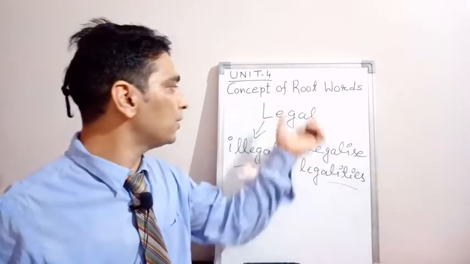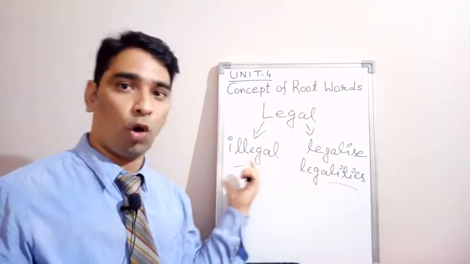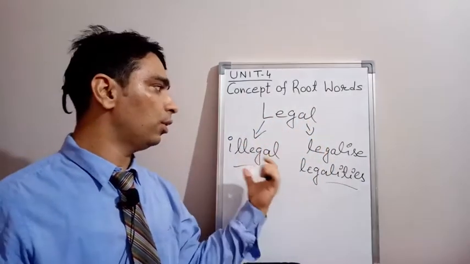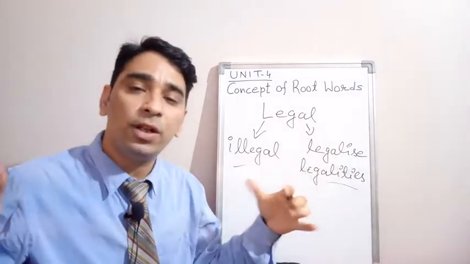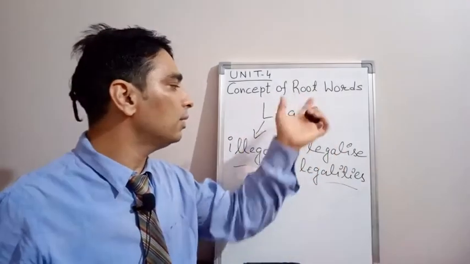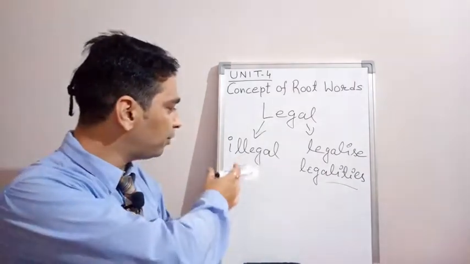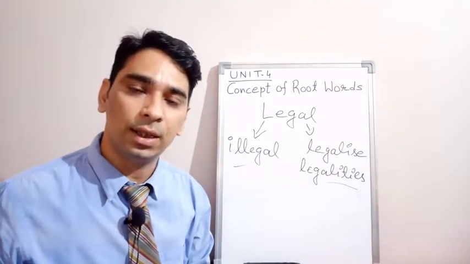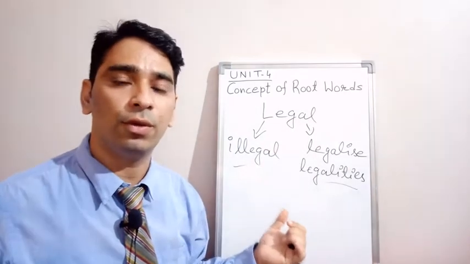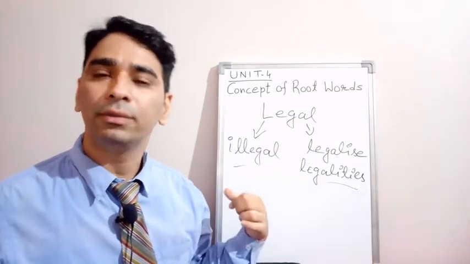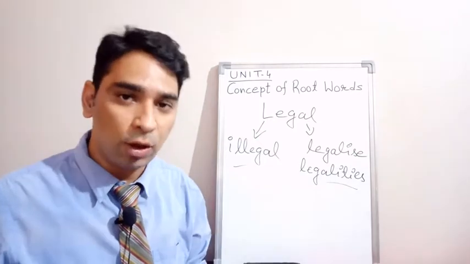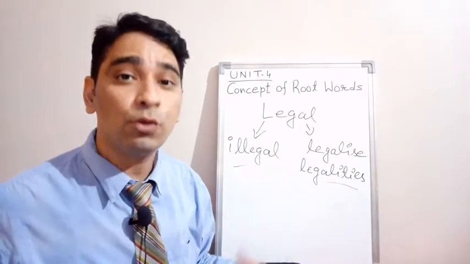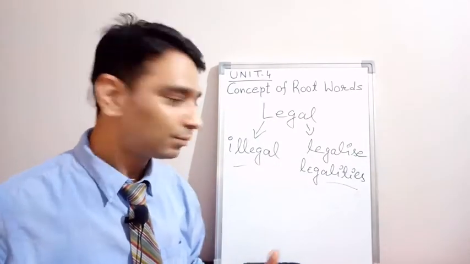So the root is legal. Illegal is a word, legalize is a word, but what is the root word? Here, legal is the root word. And what we have done is, we have used an affix on this particular word. So this process is called the root and affix process, and this is one of the ways to improve our vocabulary.